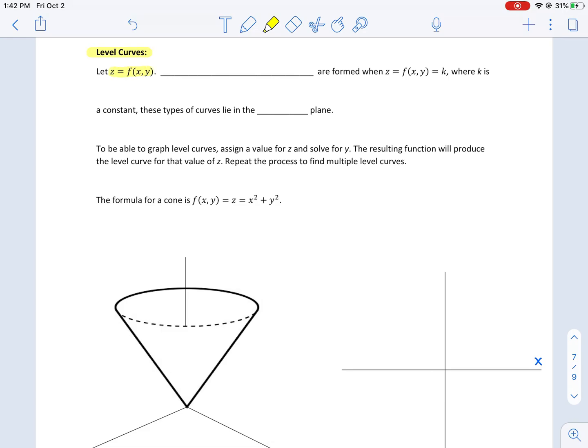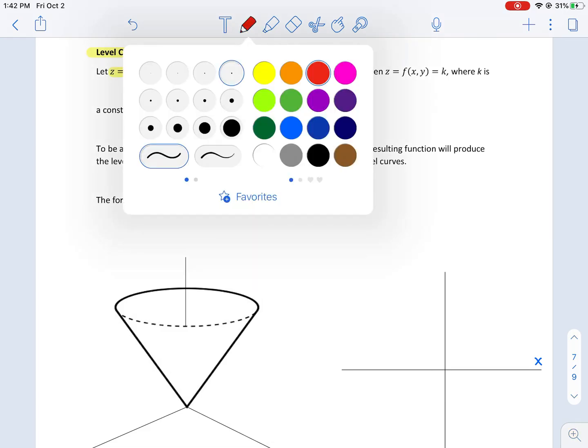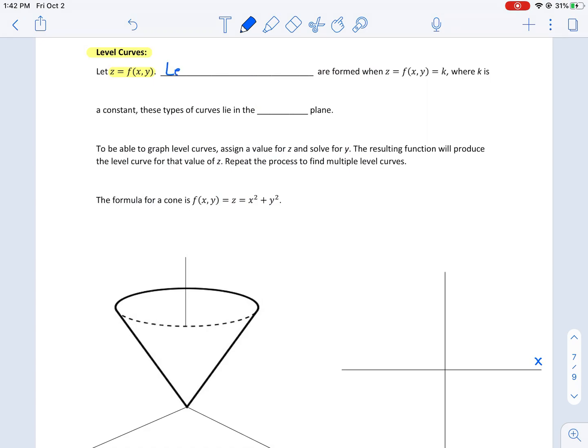So what we're going to do is we're going to let z equal f of xy. Level curves are formed when z is equal to f of xy is equal to k, where k is a constant. These types of curves lie in the xy plane.